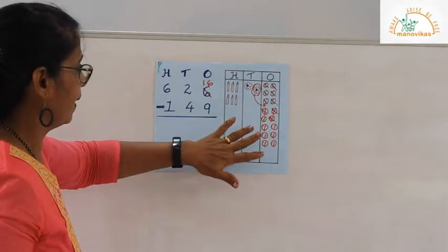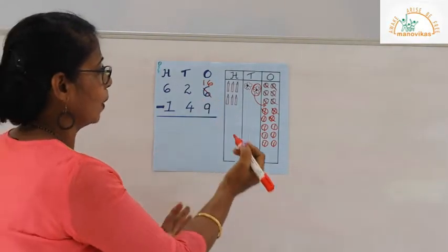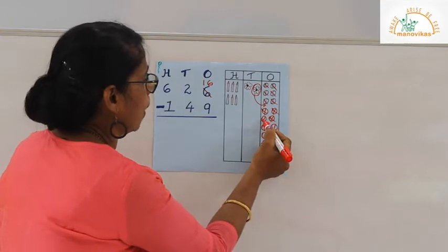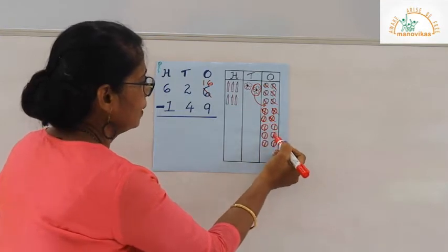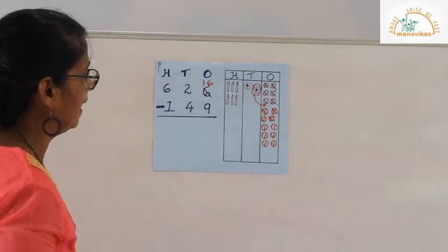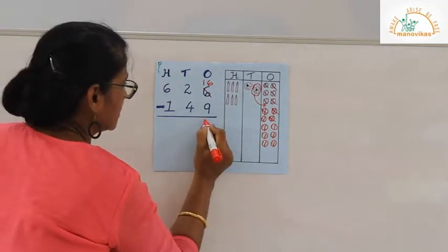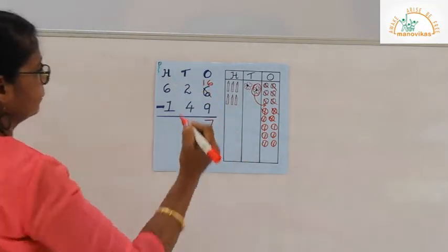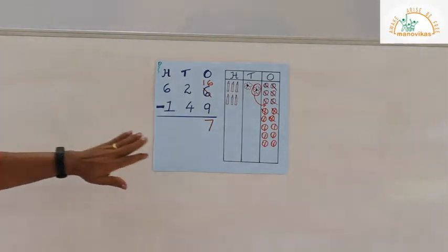So we have taken away 9. Let's see what is left. 1, 2, 3, 4, 5, 6, 7. So we get 7. So our answer, the difference, what has remained with us is 7.